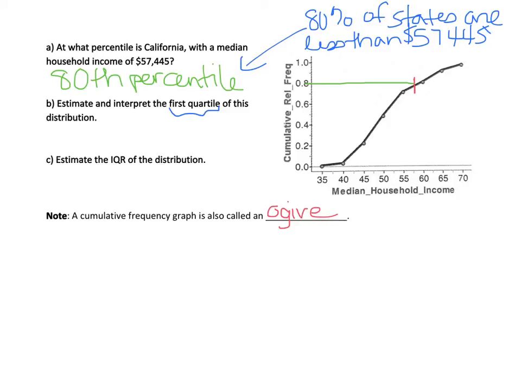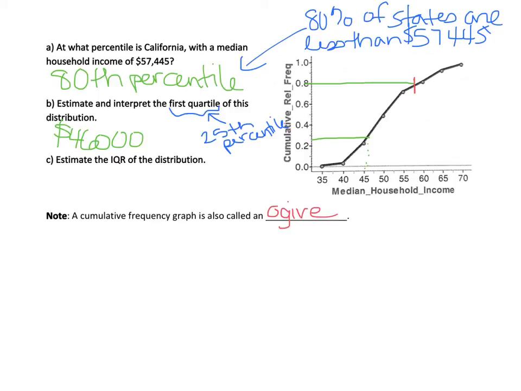Believe it or not, that is the exact same thing as the 25th percentile. So the way that you're going to find that is figure out approximately where 25 is on the graph. So it looks to me like it's about there. And I'm just going to estimate it to approximately 46,000.